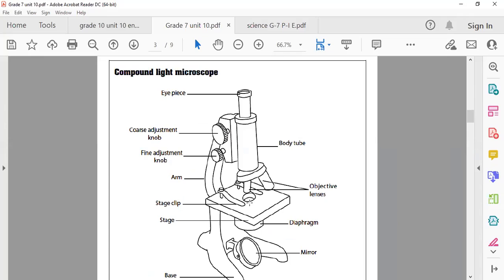I am going to show you a compound light microscope. Okay, I have a compound light microscope. I am going to show you that. Right?